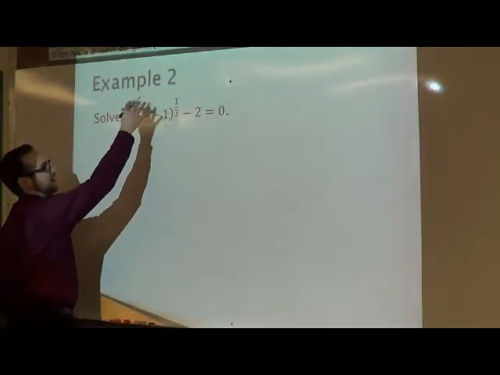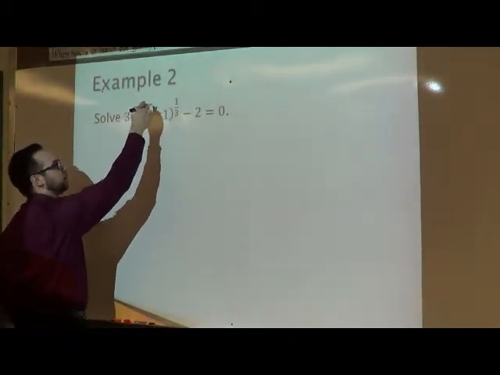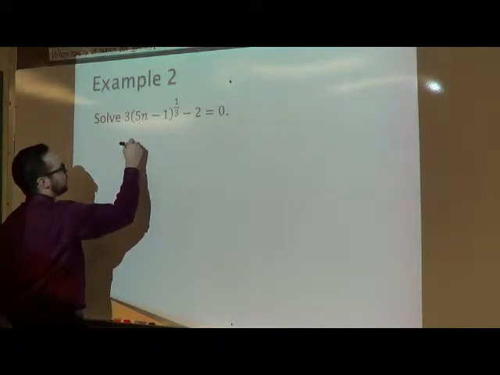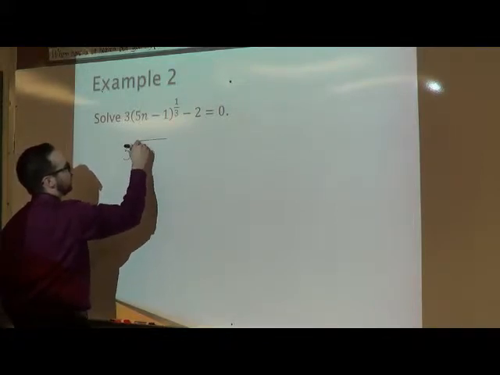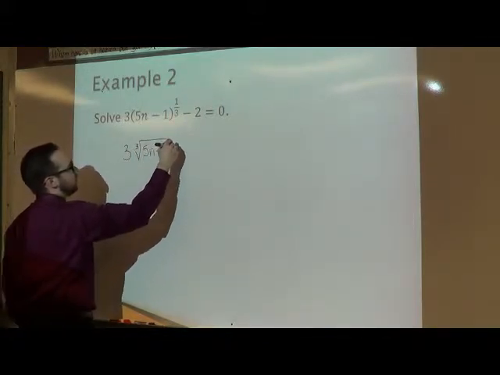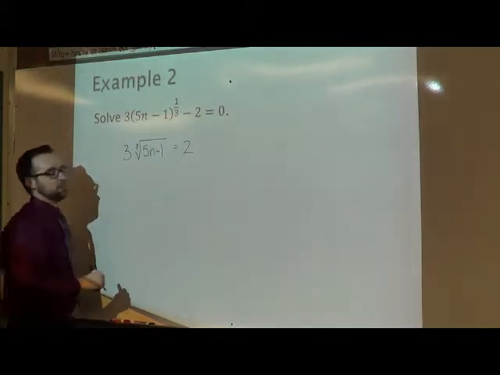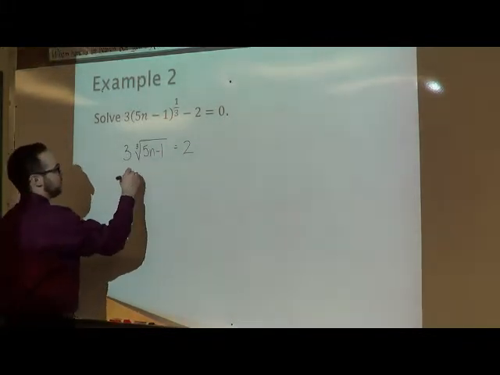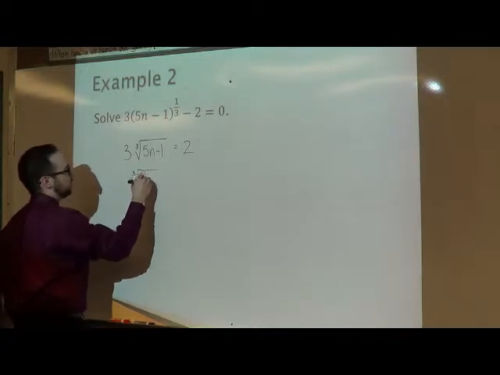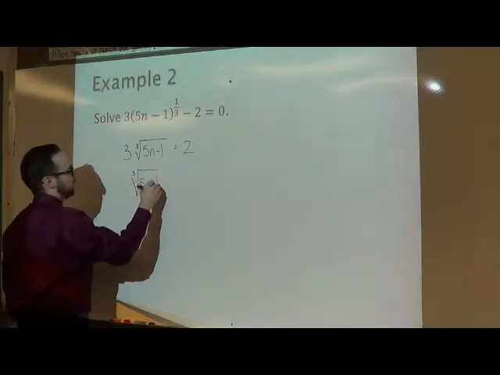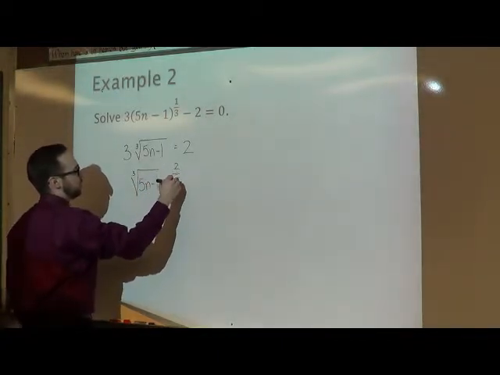Again, let's isolate this, because there's only one root. So we'll have 3 times the cube root of 5n minus 1 is equal to 2. Add the 2 to both sides. Divide by 3, so we get the cube root of 5n minus 1 is equal to 2 over 3.